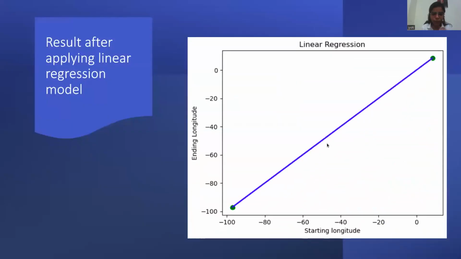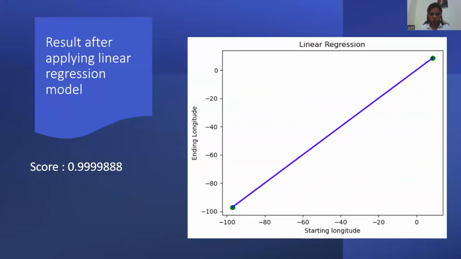After applying the linear regression model, I plotted this graph, and the data was not diverse. That's why I am getting more accuracy, which is 0.9998 something.